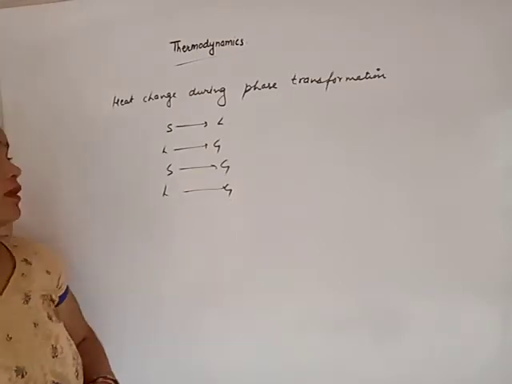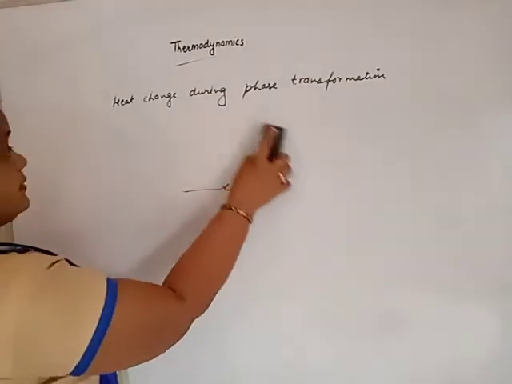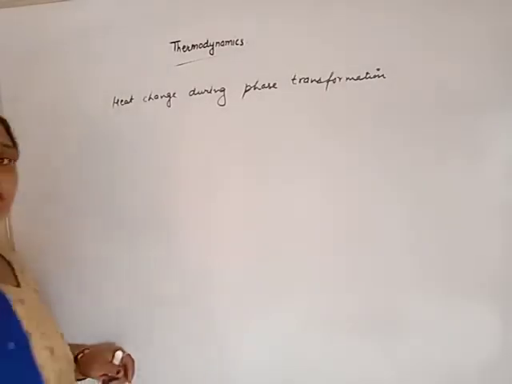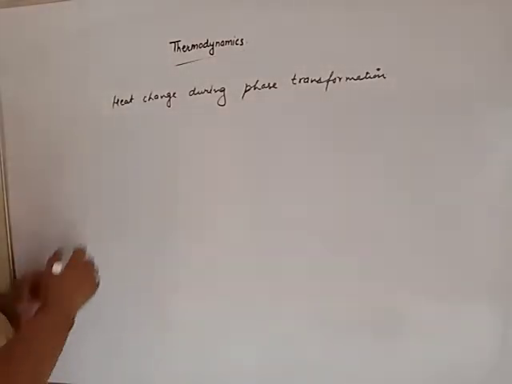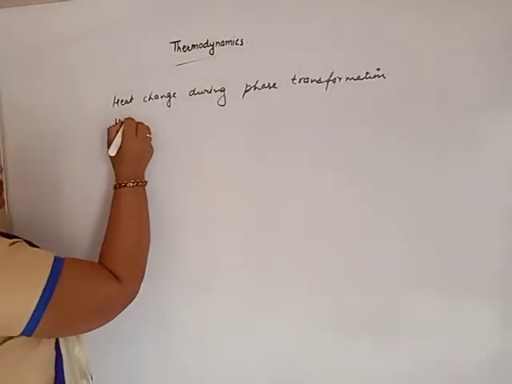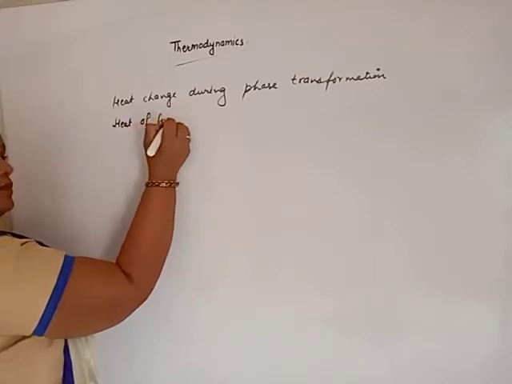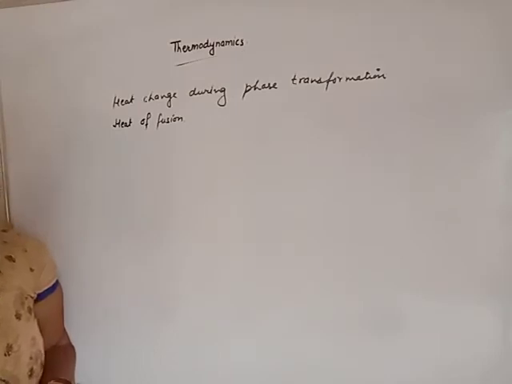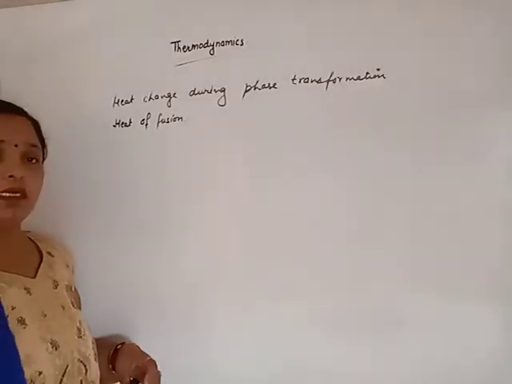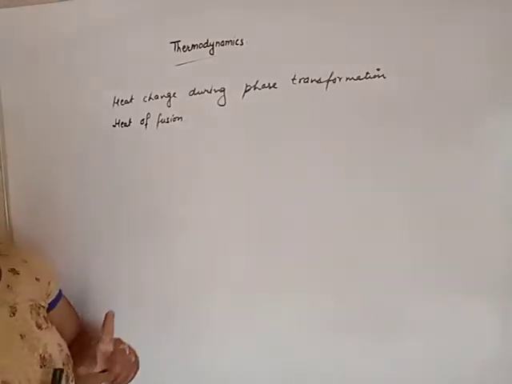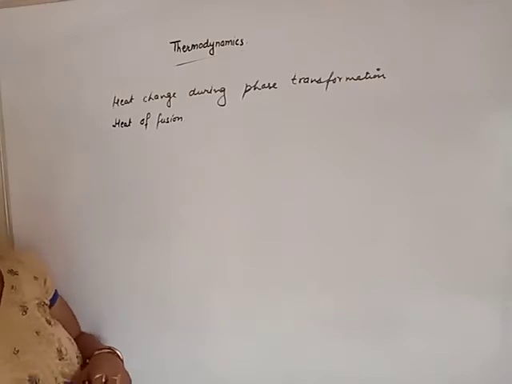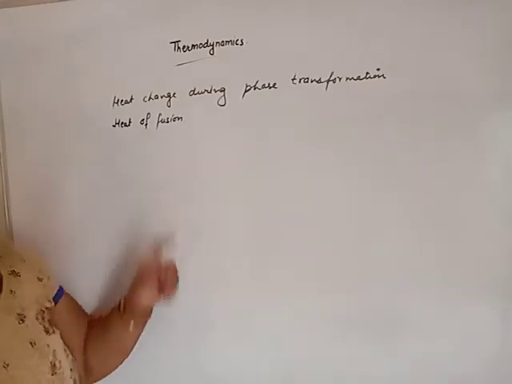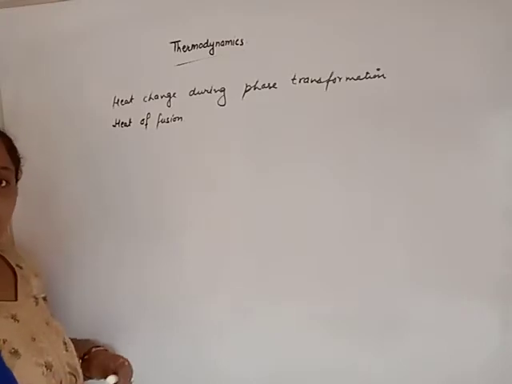Then, beta, when solid changes into liquid, this process is known as fusion. Heat of fusion is the amount of heat change when 1 mole of solid completely melts into liquid, or vice versa.